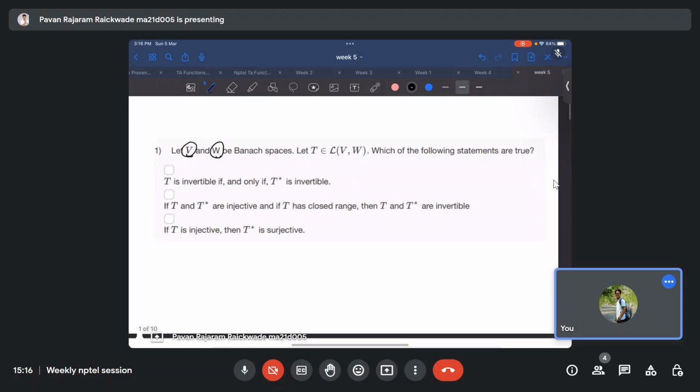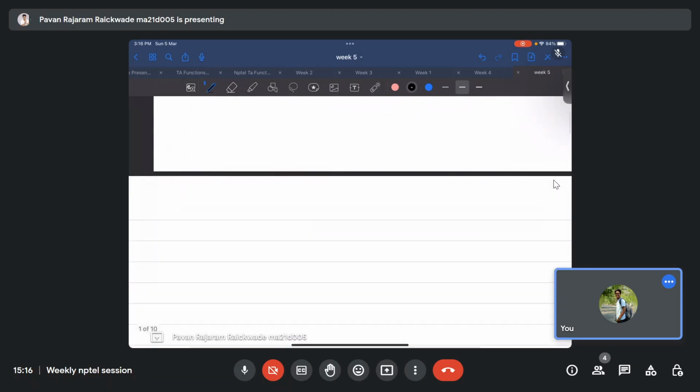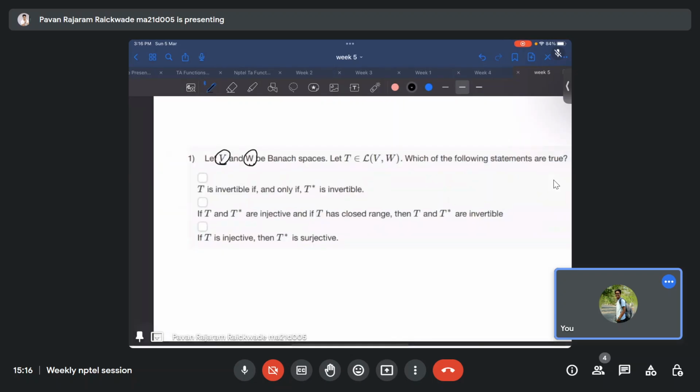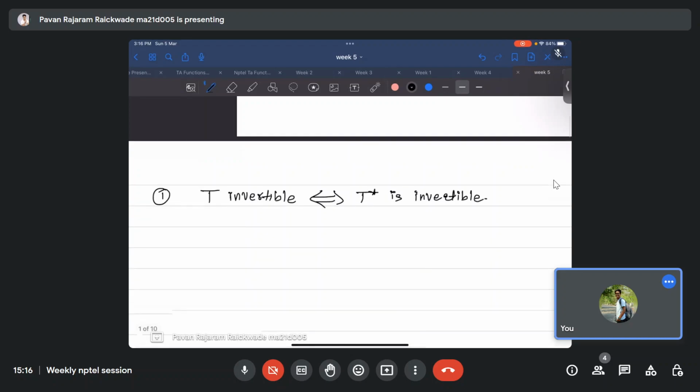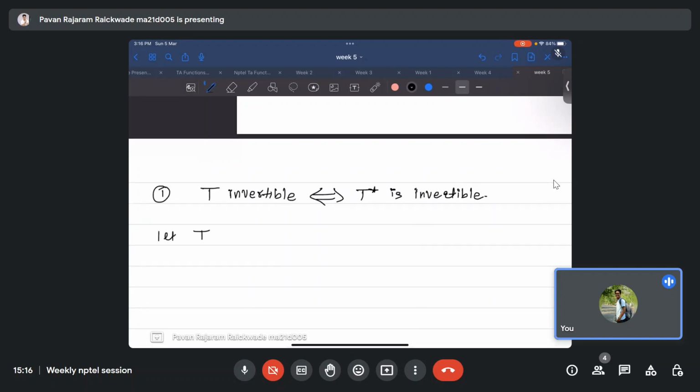So we'll try to prove the first statement: T is invertible if and only if T star is invertible. Let's start with T being invertible.